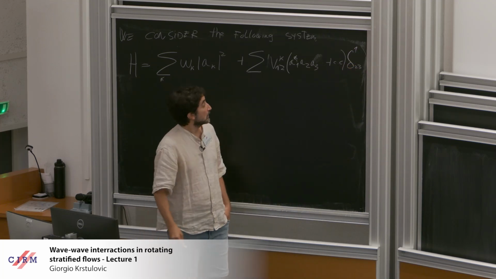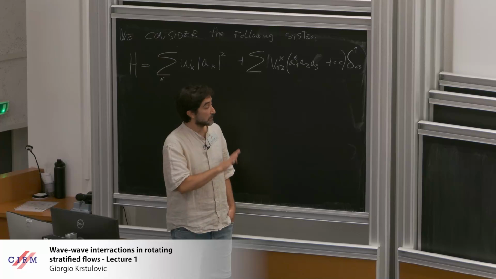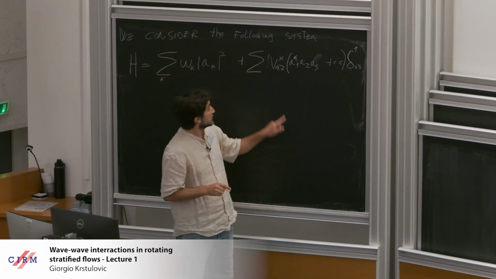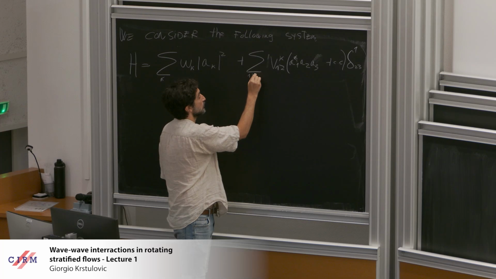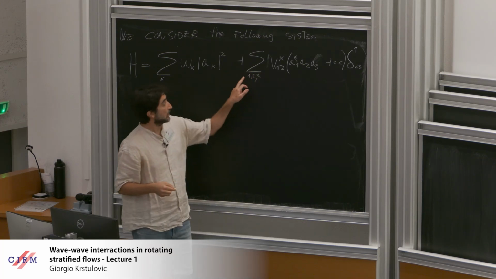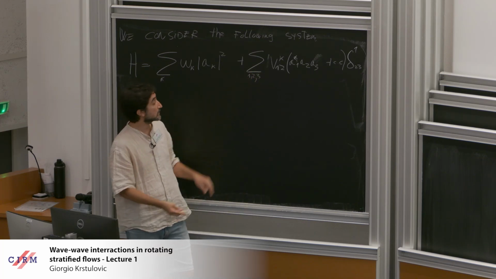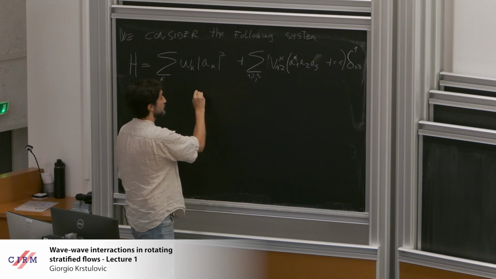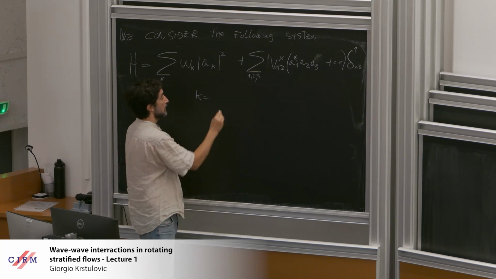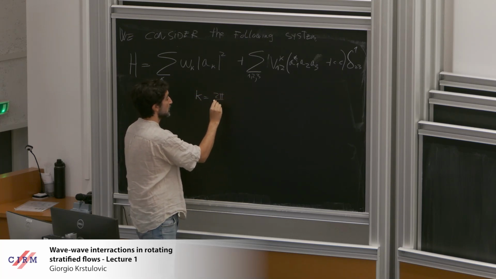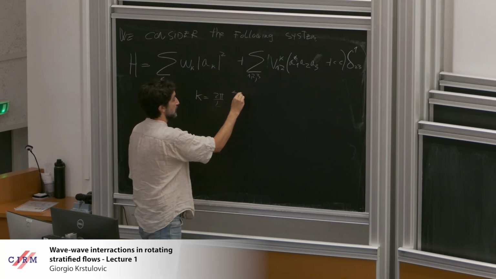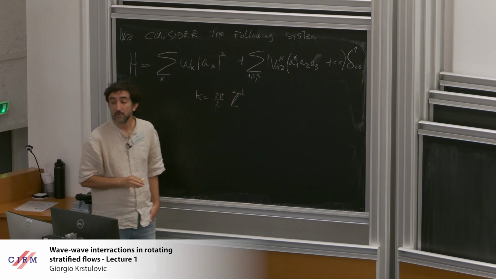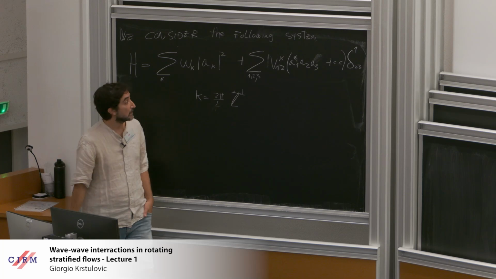Just to remind you, the sum here is over 1, 2, and 3, so a sum over all k, and the k's are in the torus, 2π L, to the d. This is the typical setting.